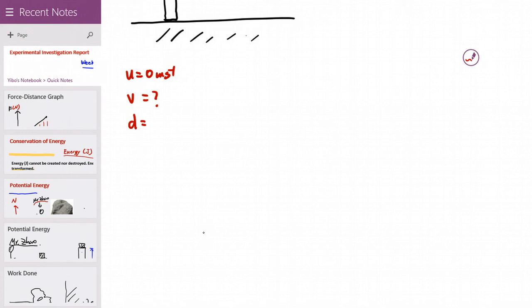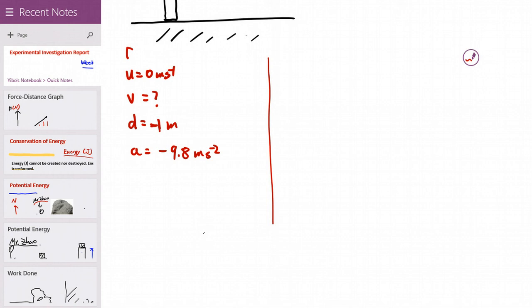The displacement is 1 meter, and the acceleration due to gravity is minus 9.8 meters per second squared. I write it down like this, because it drops down 1 meter, so we use constant acceleration. That's for before the impact.